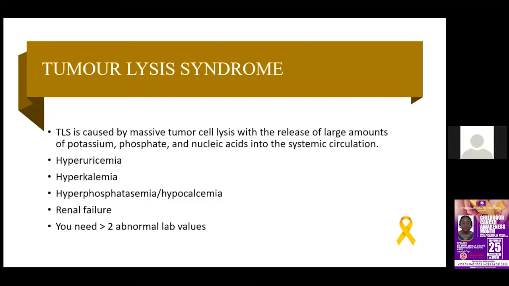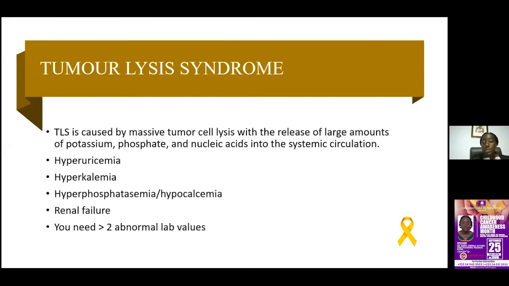What happens is that these cells break down and release the intracellular content. When these cells lyse or break down, there's a release of potassium, phosphate, and nucleic acid into circulation. So this will lead to hyperkalemia, hyperphosphatemia, with associated hypocalcemia.